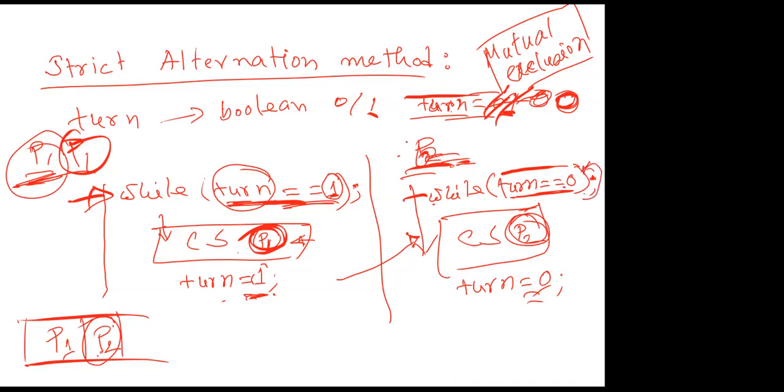That means process P1 is already inside the critical section, so there is no chance P2 enters. At a given time only one process can be inside the critical section, so mutual exclusion is granted. Mutual exclusion is satisfied by this turn variable.